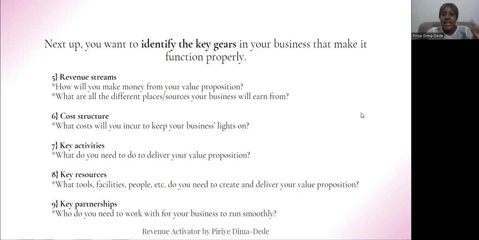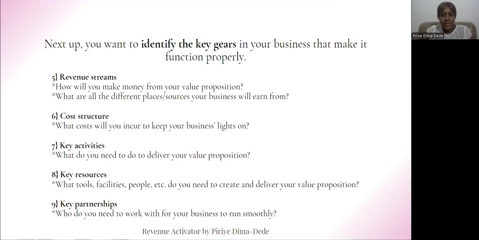The next one is key resources. What tools, facilities, people, and so on do you need to create and deliver your value proposition? So key activities is focused on the things you need to do on a weekly, daily, monthly, and so on basis. Key resources focuses on the tools, the kind of people, the facilities you need. So the bakery business is going to need a bakery.